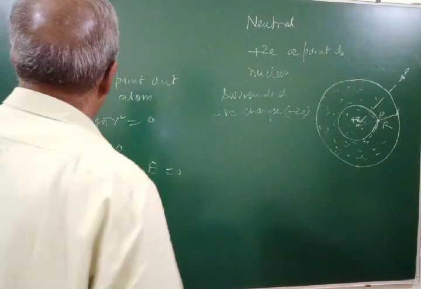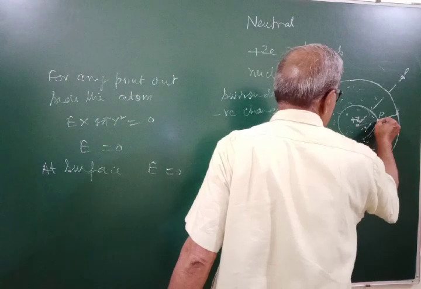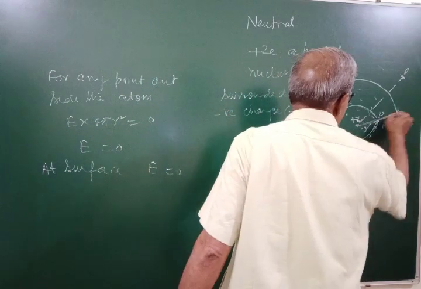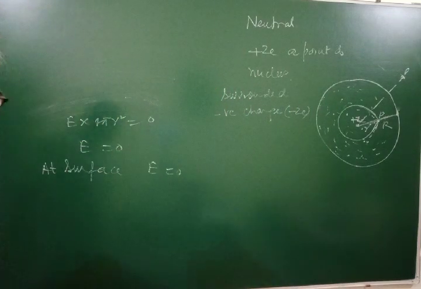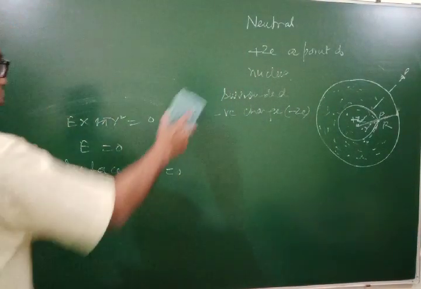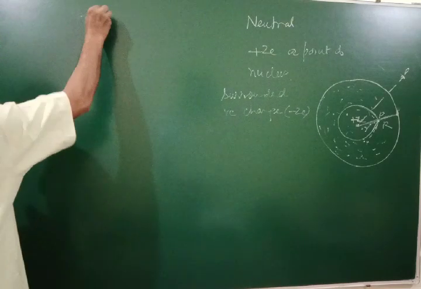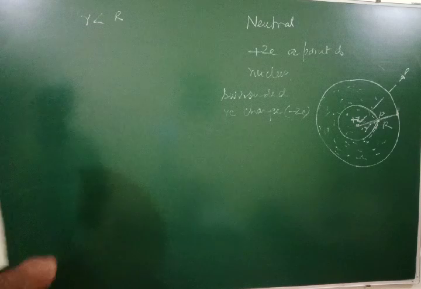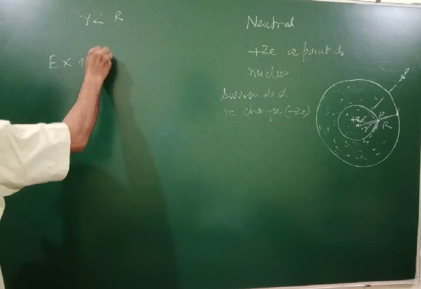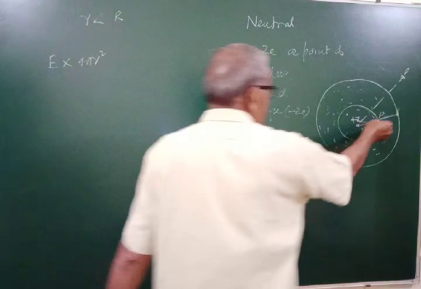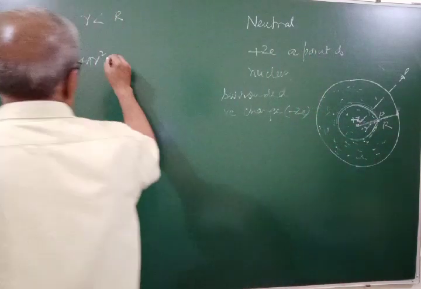Is that clear? Now if I take P inside here, at distance r, where capital R is the radius of the atom, then consider a Gaussian surface of radius r, with r less than capital R. E into 4 pi r square, the surface integral over the sphere, is equal to the total charge.